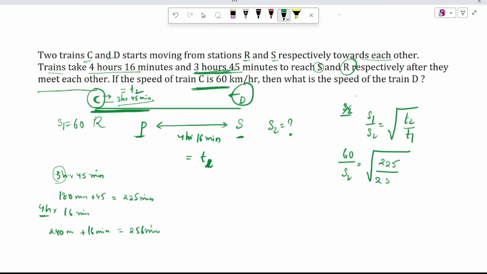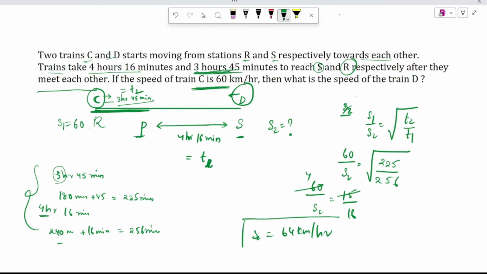You'll do this in your mind in the examination. So 60 by S2 is equal to square root of 225, which is 15, over square root of 256, which is 16. So 15 by 16, S2 is equal to 64 kilometers per hour.